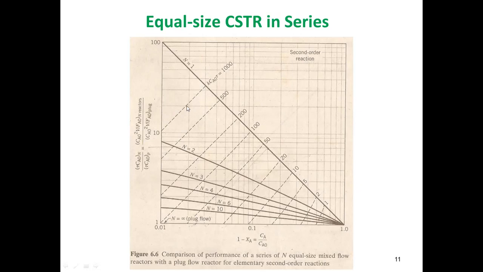The intersection of the two will give you, let's say for example, for a certain degree of conversion, let's say 2 MFRs in series and a corresponding value for a KCAO tau in here, you'll be able to find the value of the ratio here, which will give you the volume of the equivalent plug flow reactor.